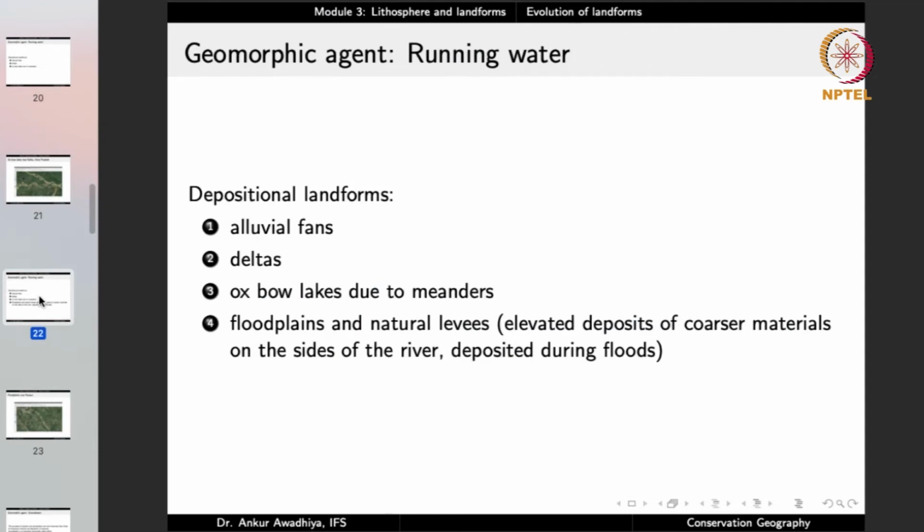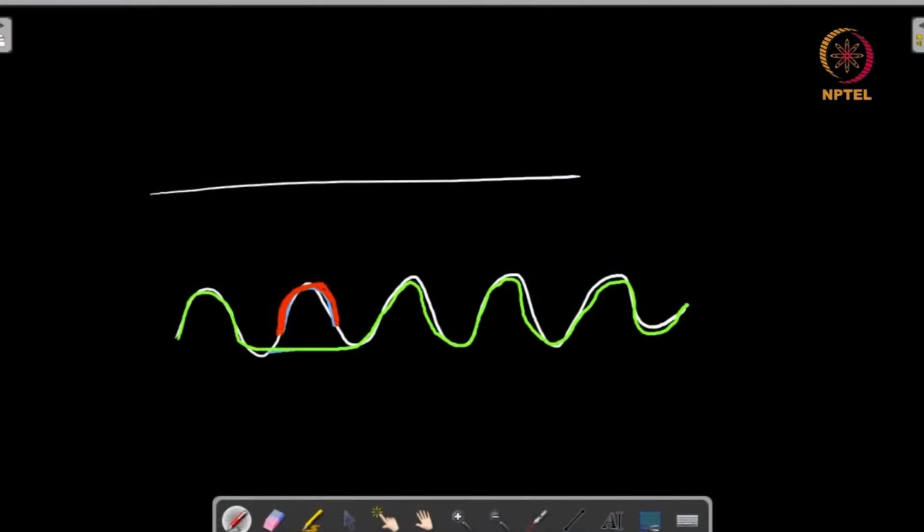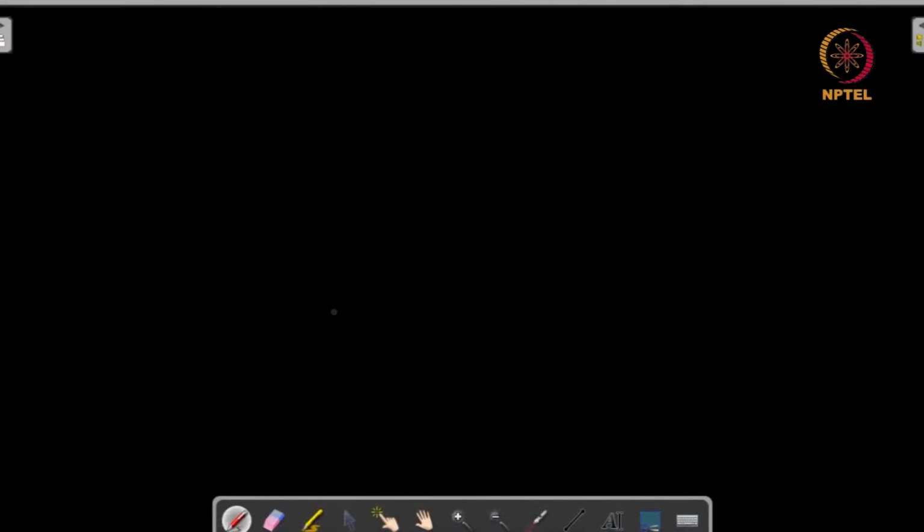Another depositional feature is floodplains and natural levees. Levees are elevated deposits of coarser materials on the sides of the river deposited during floods. So what happens in the case of levees is that, suppose there is a river that is flowing like this, and we are looking at the cross section of the river. So the cross section looks like this.